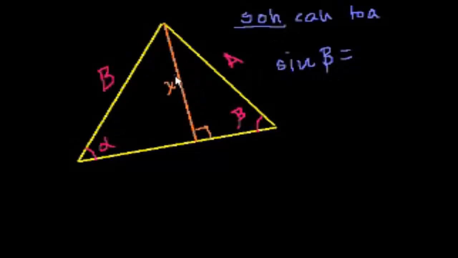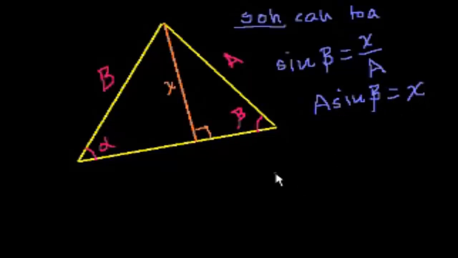So it's equal to this opposite, which is x, over the hypotenuse, which is a in this case. And if we wanted to solve for x, because it'll be convenient later, we can multiply both sides of this equation by a, and you get a sine of beta is equal to x. Fair enough. That got us someplace.